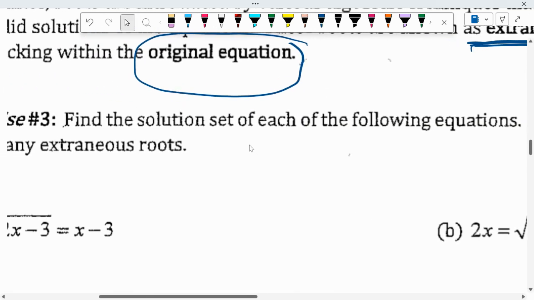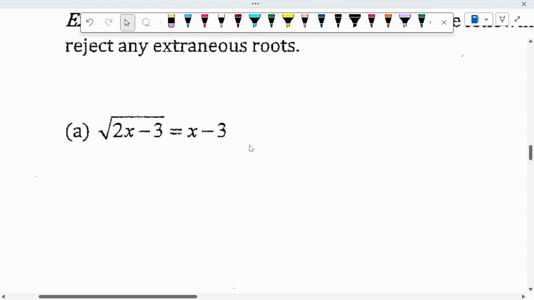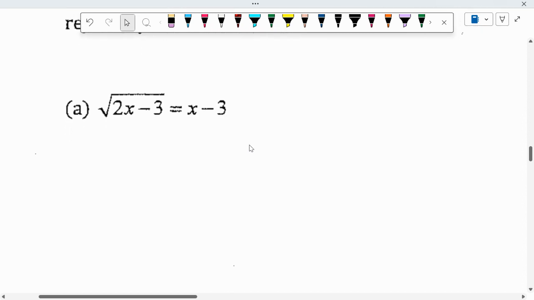So we're finding the solution set of each one of these 2 examples, and we're going to reject any extraneous solutions. So anytime you solve a square root equation, the only way to get rid of the radical is to do what, Parker? How do I get rid of the square root?